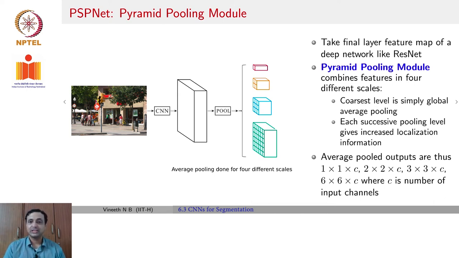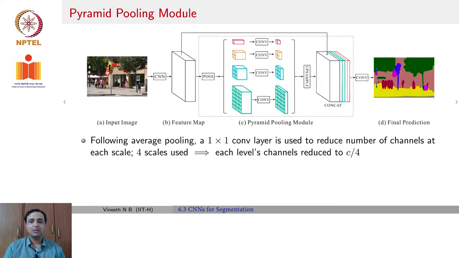So once these 4 scales of pooling are done, the PSP-net now applies a 1 cross 1 convolution on each of these maps that came from the pooling operations to reduce the number of channels in the output. By how much does each of these 1 cross 1 convolutions reduce the channel size? By 1/4. There is a reason for that.